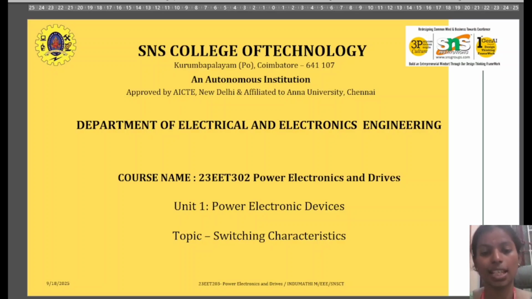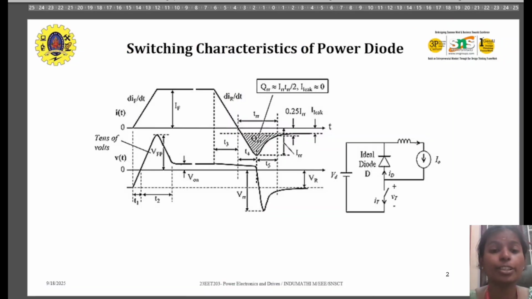power diodes, SCRs, etc. Power electronic devices, that is power diodes here, may look simple, but when they switch on and off in high frequency circuits, their behavior is far from ideal. The way they handle charge storage, recovery, and losses is what we call their switching characteristics.